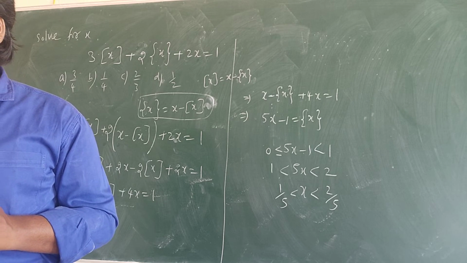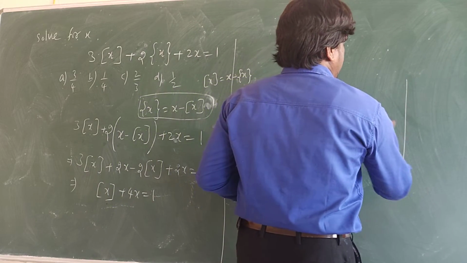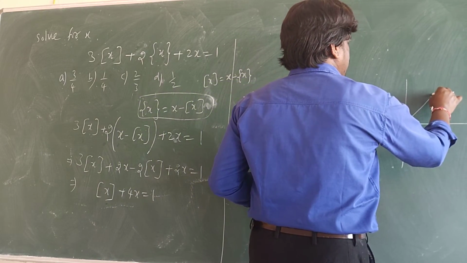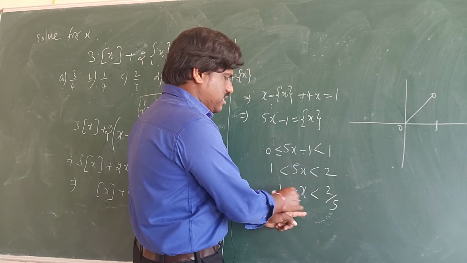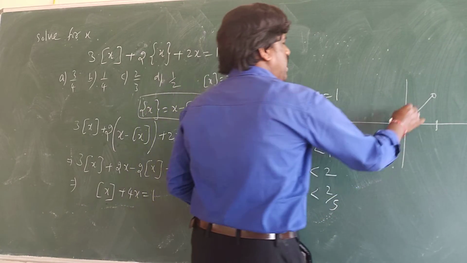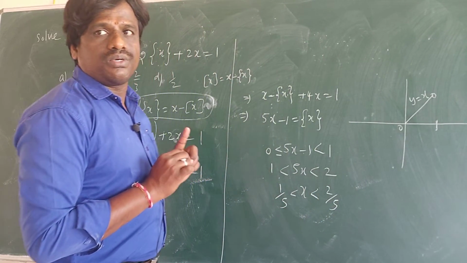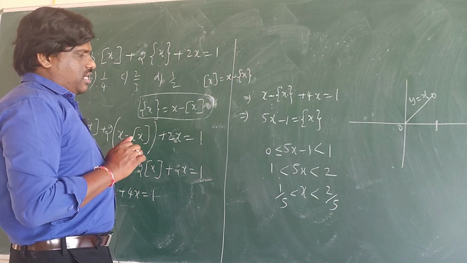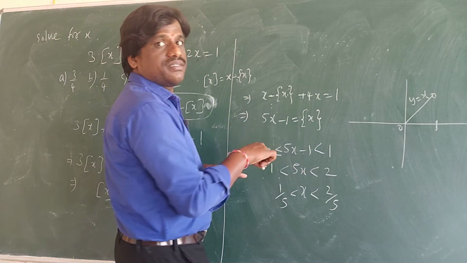Fractional part is 0, isn't it? y is equal to x. See here, I have explained it in the graph. Wherever x is between 0 to 1, y is equal to what I get here? x. y is equal to x. So I can write this value, the fractional part of x is nothing but x here.